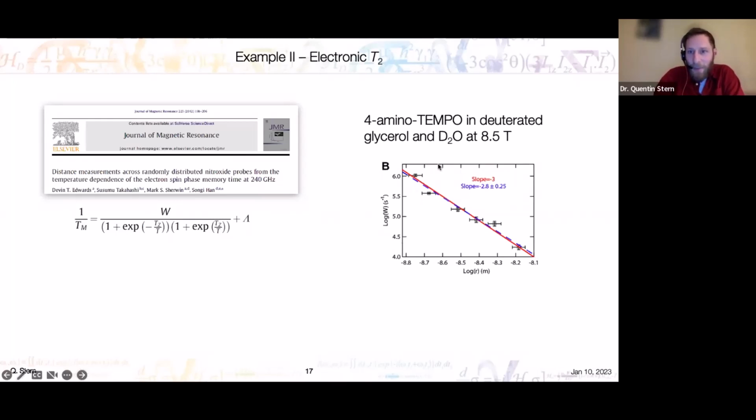I just picked one out of the many results of this paper, which I find interesting, where they show that this rate is proportional to the third power of the distance between electrons. And they say in the paper that this is expected from the literature.